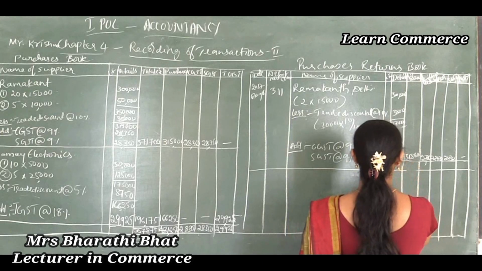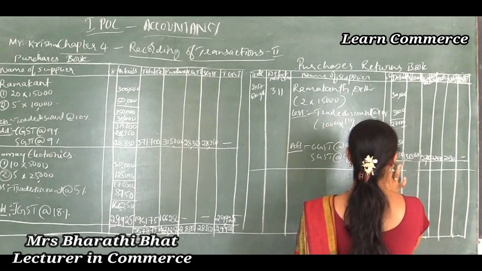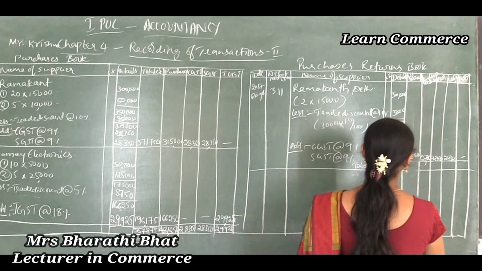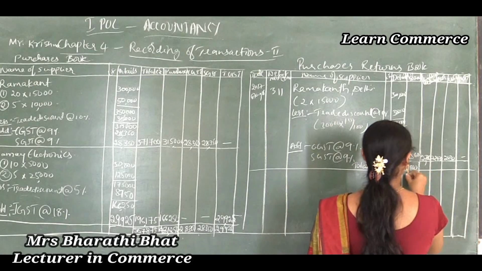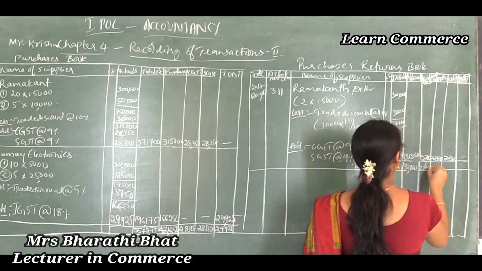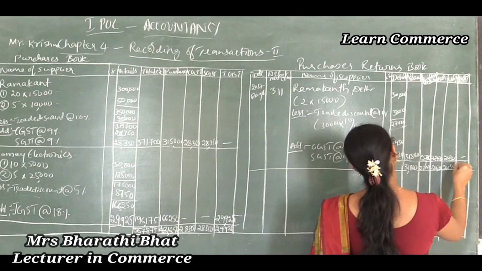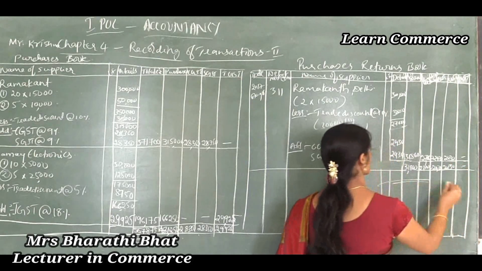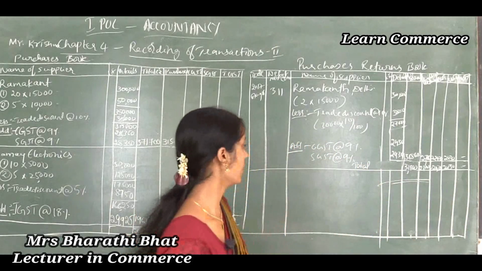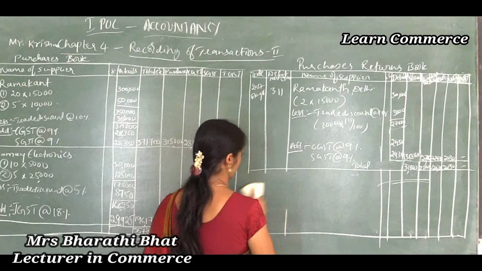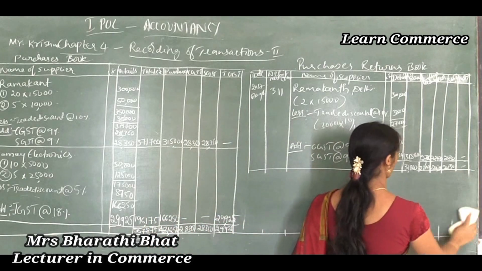So now total it. Last step, totaling. Correct, right? So total 31,860 and 27,000 and 2,430 and 2,430. This is a total. So this is how we can prepare purchase returns book. Only one item returned, so there is no more calculations.